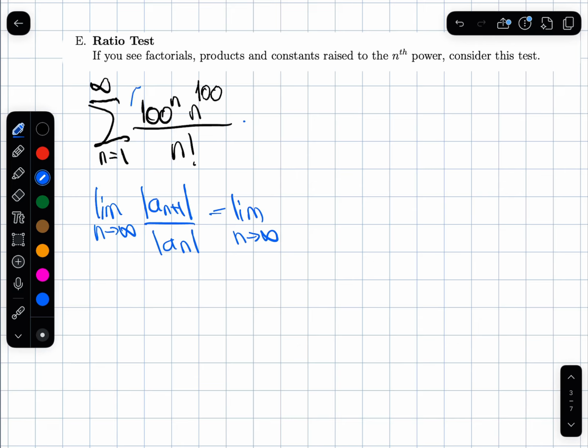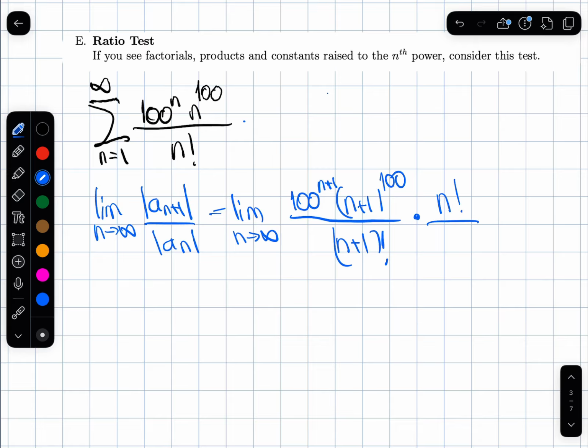So you replace n with n plus 1 and leave the fraction as it is. And then you leave n as it is, and invert the fraction to divide the two values. The reason why the ratio test is good here is because of exactly what happens with this.